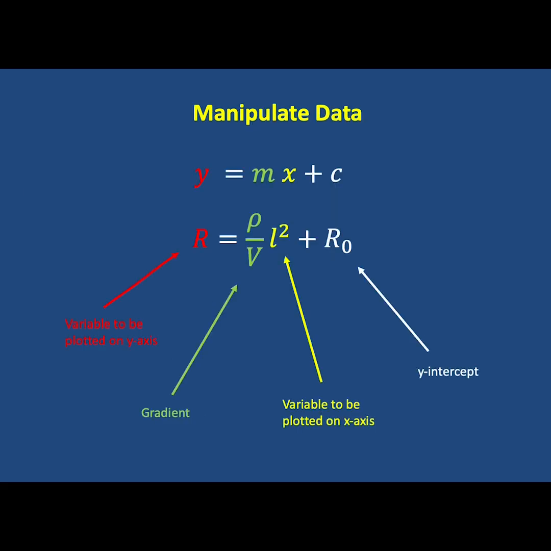Now that we've made the given equation a bit more closely matched to the target equation of y equals mx plus c, we can determine how to manipulate the data. We will leave the resistance data exactly the same, and we'll be plotting that on our y-axis. But we'll take the length data, which you see here in yellow, and manipulate it by squaring each value of the raw length data that we've been given.